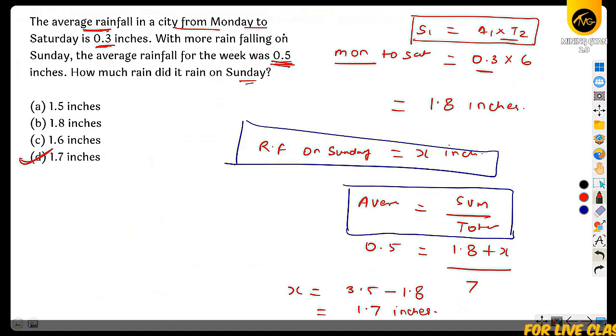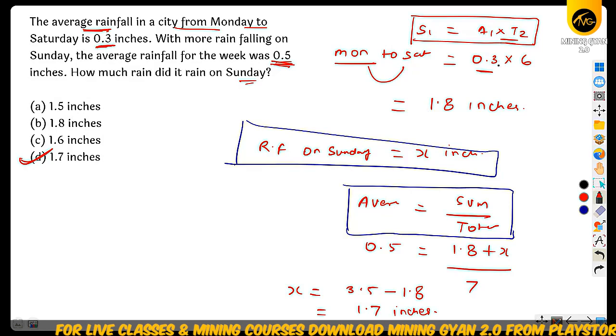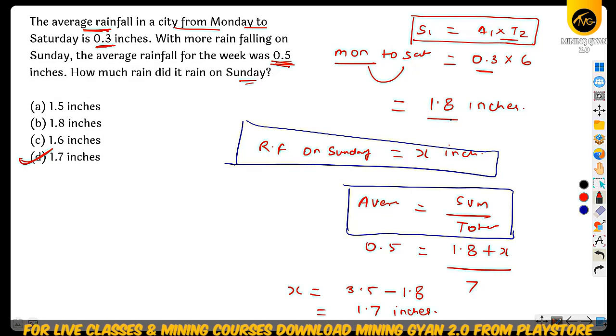In this case, we have the average 0.3, and the total number of elements, that is Monday to Saturday, the number of days, that means 6 days. Now just multiply these numbers and we will get the total rainfall from Monday to Saturday, and that is basically S1, the sum of the rainfall, you can say.